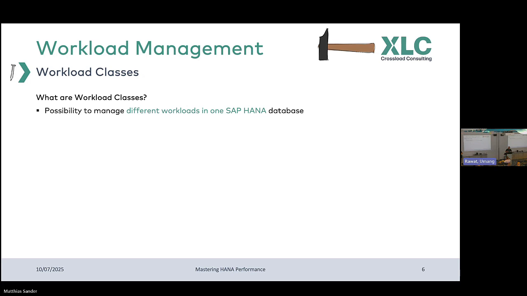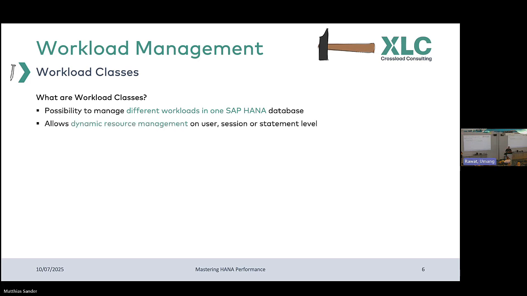Sometimes you have also external applications, BW systems, which try to gather some information from your central S4 system. And these different workloads come then together. If you just have the possibility to control it via the database parameters, you're very restricted. Therefore, the other possibilities, and especially now the workload classes, can be very helpful at this point to restrict resource consumption just for specific use cases.